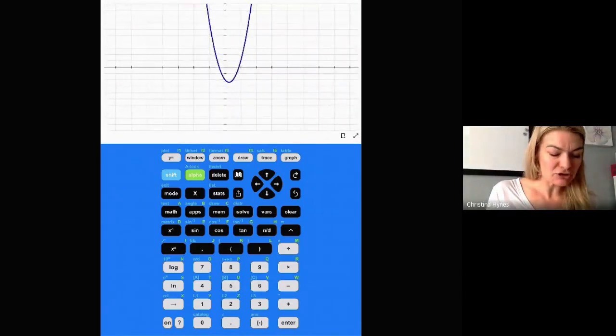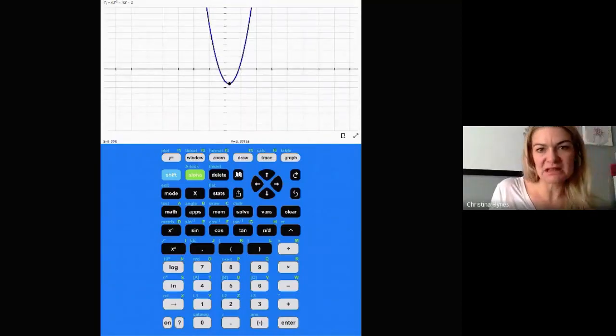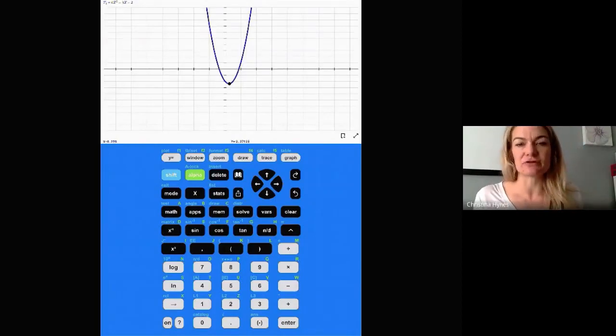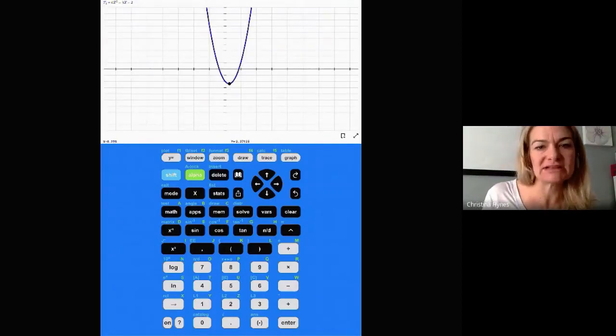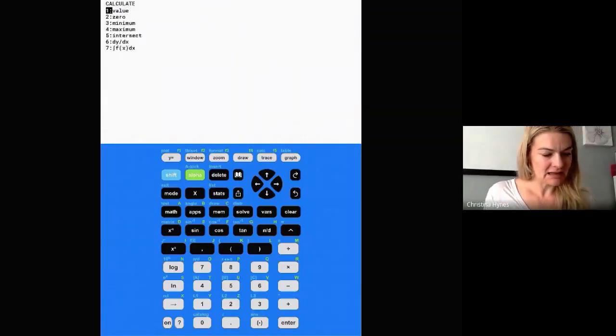So when you're graphing this, what's important here is you want to find your x-intercepts and you want to find this minimum value, this minimum point on the graph, or it could be a maximum. So this is called your vertex, the lowest or highest point on your graph. So we're going to go second trace. And in this case, when you have a low point, that is called your minimum. So that is number 3.